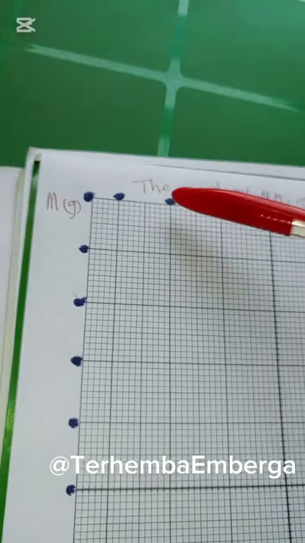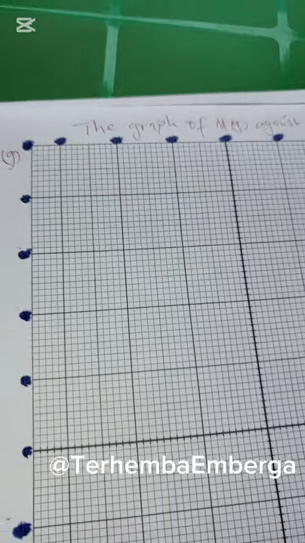It's boldly written there: the graph of m in grams against extension. So that anybody looking at your graph will know that this is what we have plotted on this axis and this axis. And the next thing is scale.